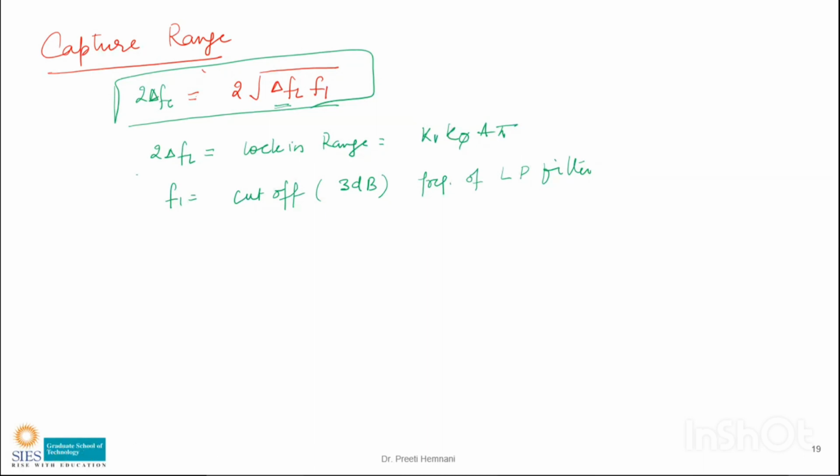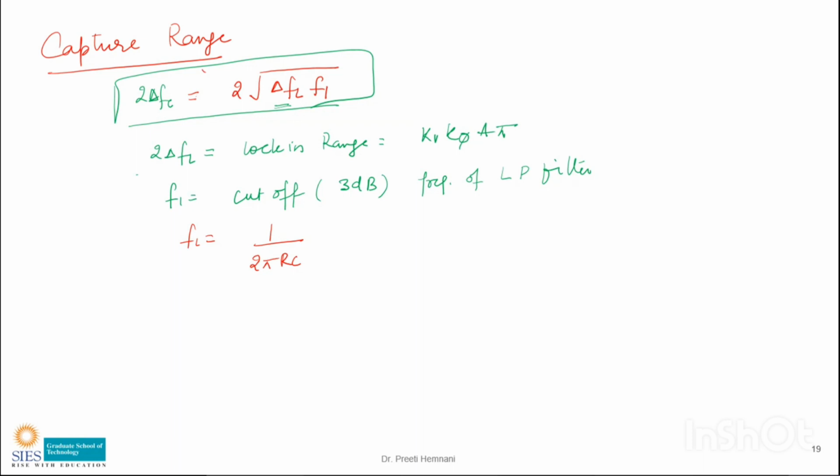The derivation is not very tough, but it is lengthy. If you want, you can do it. Also, F1 is the cutoff frequency, and the cutoff frequency of any RC filter is 1 by 2 pi RC.